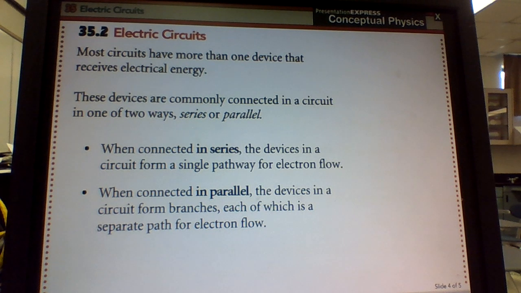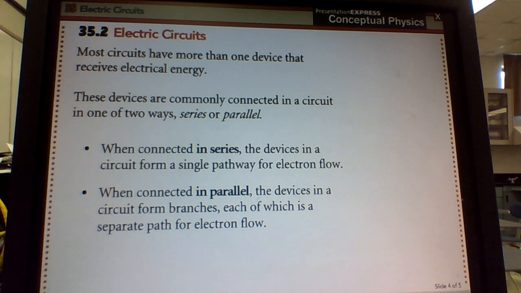It's kind of like a racetrack that you can only go one way. If there's a crash on the racetrack, the race has to stop. It doesn't work anymore.